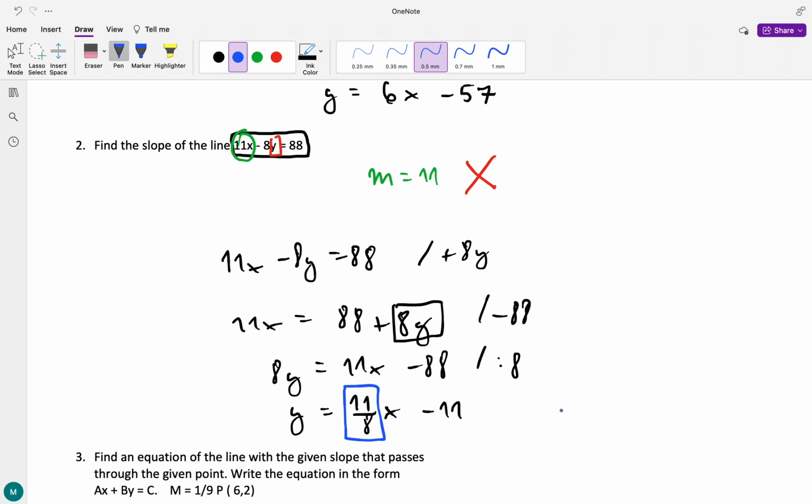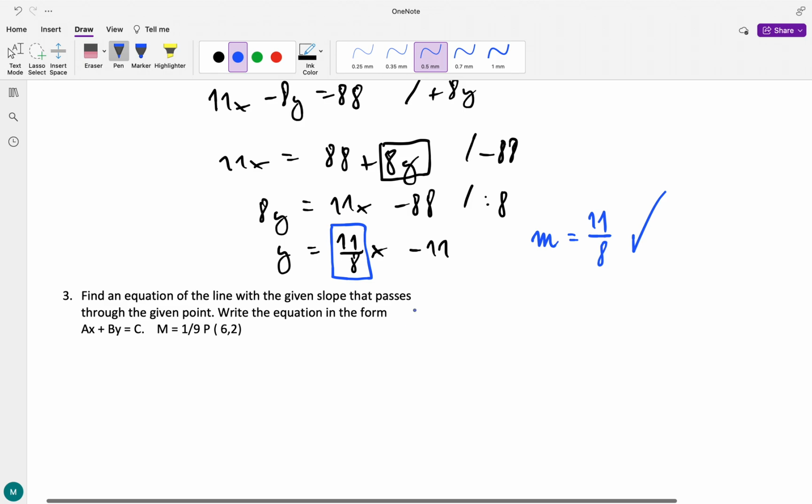Like I said, you might be tempted to just blast through the question, see 11 attached to x, call it a day, and say that slope is 11. But you saw that it's an easy way to lose very, very simple points because you're just looking for the slope. Nothing fancy, nothing too advanced. So in this case, slope is 11 over 8. Okay.